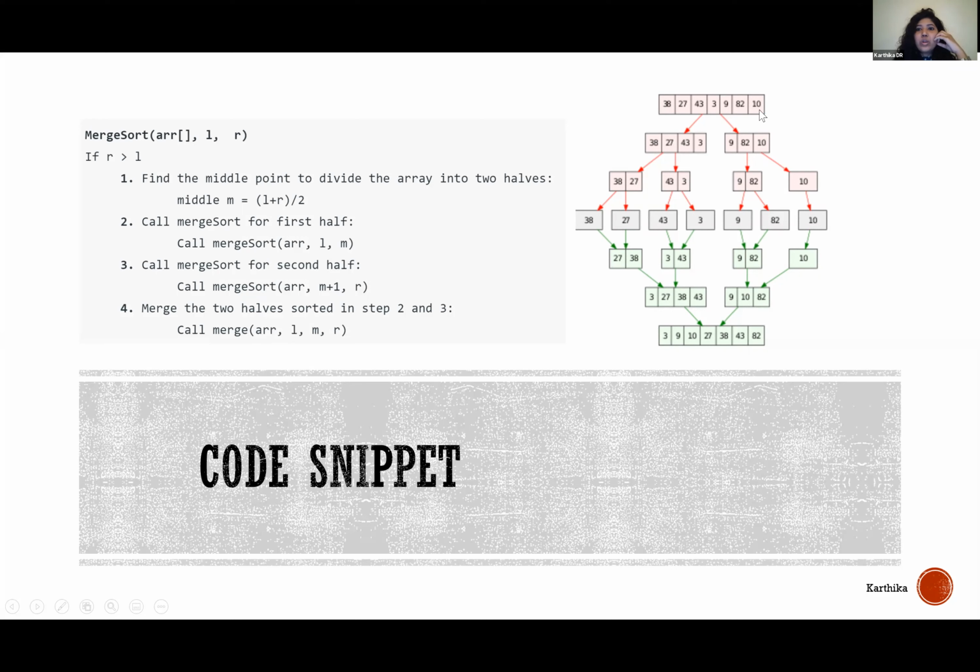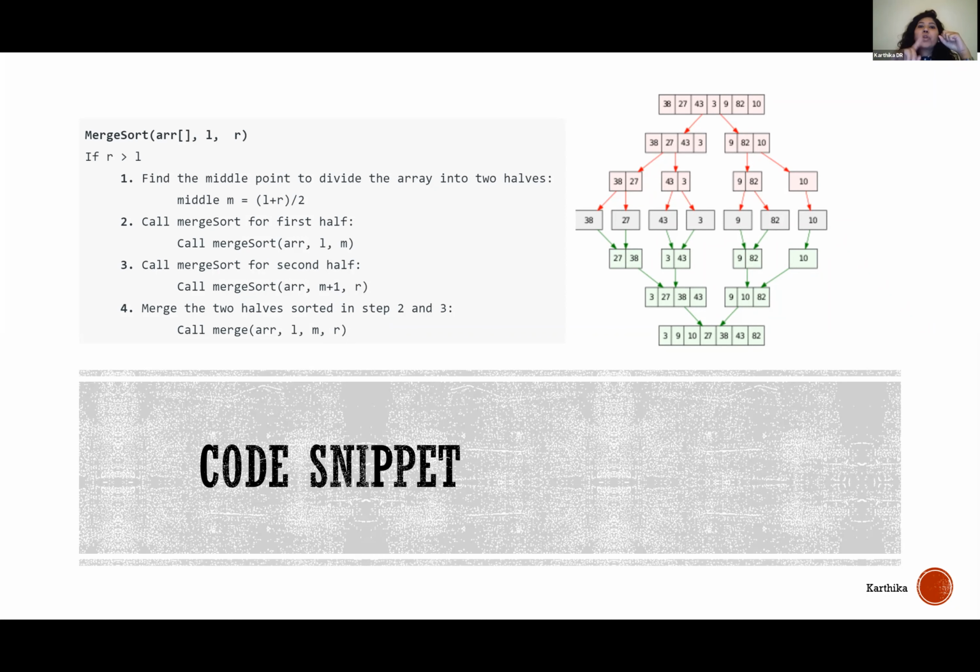So based on this, when we say log n, we always consider log to the base 2. So there are 3 levels, and here there are 7 elements. If it is going to be 7 elements or 8 elements, it will go down splitting the array into 3 levels.